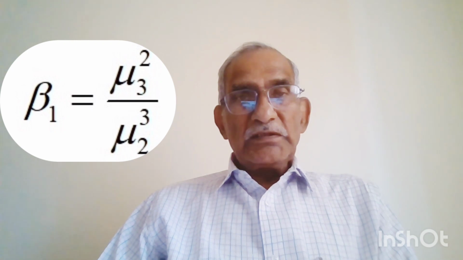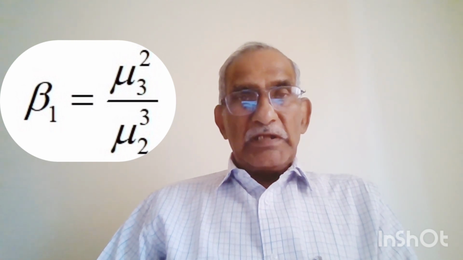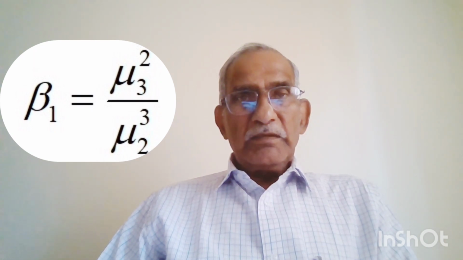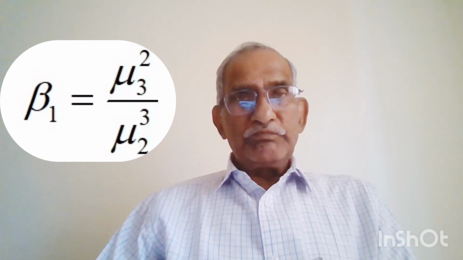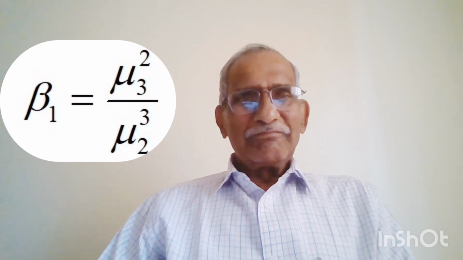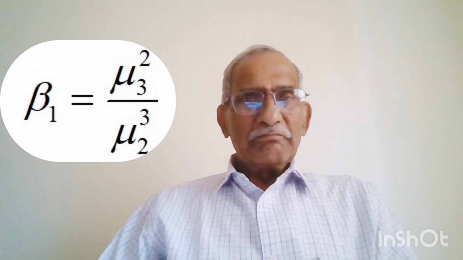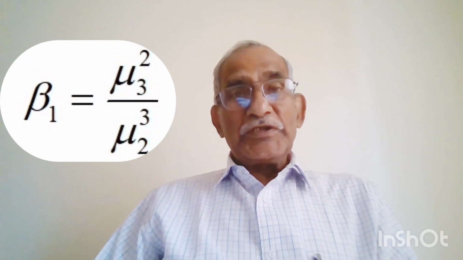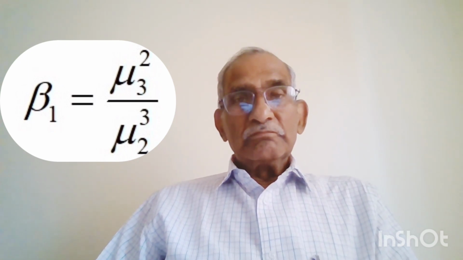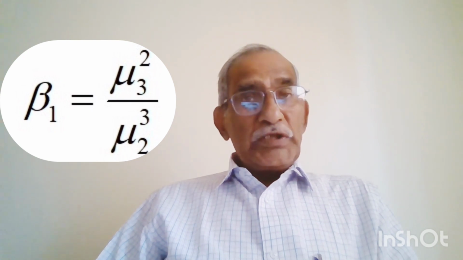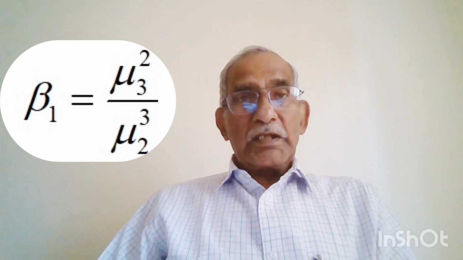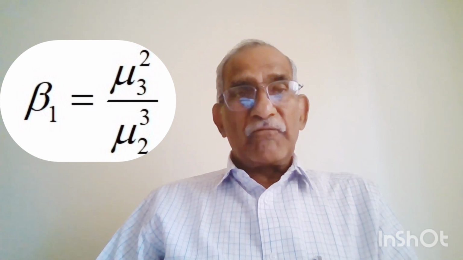We define beta 1 as mu3 square by mu2 cube. Here mu3 has the third power of unit, and so in its numerator mu3 square has the sixth power of unit.